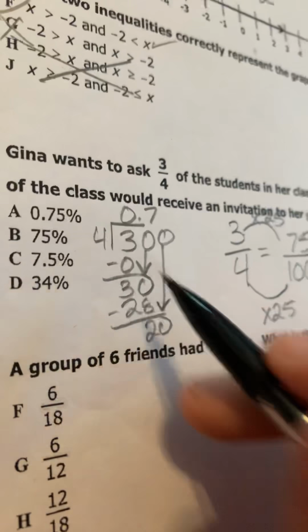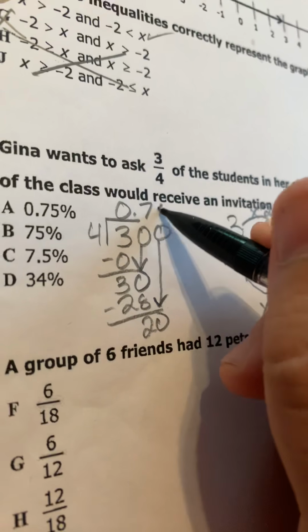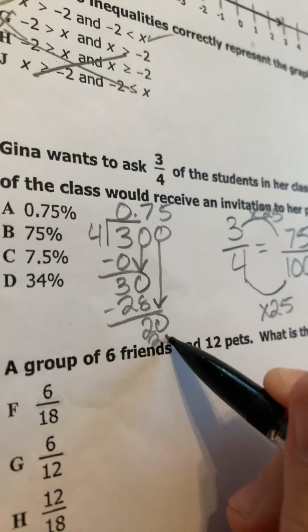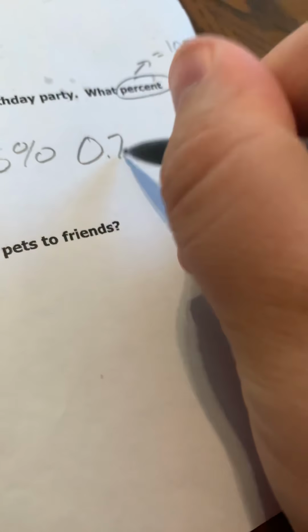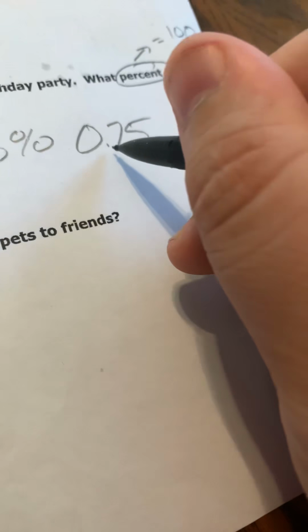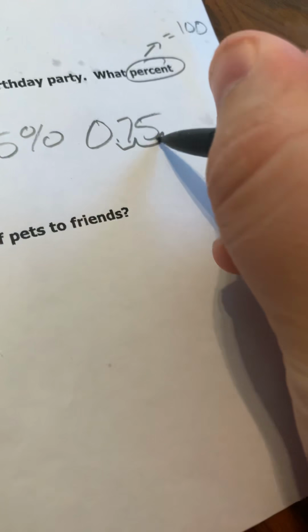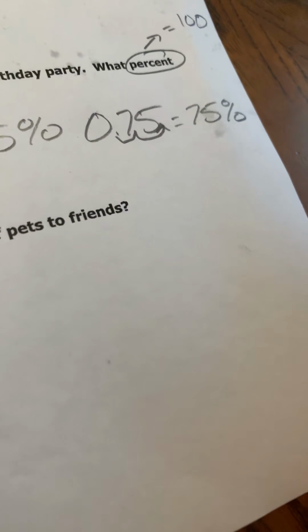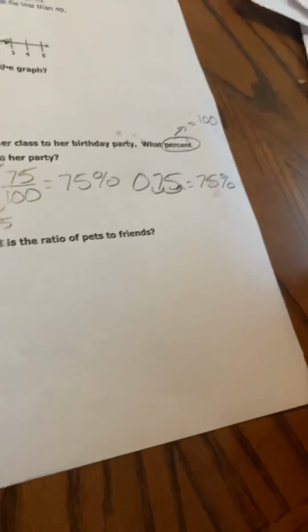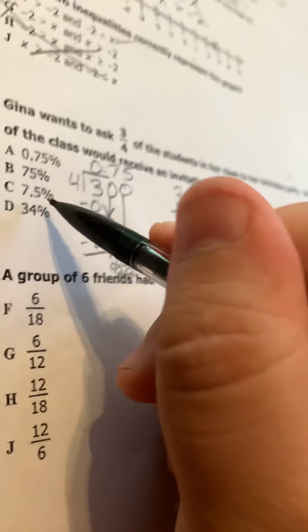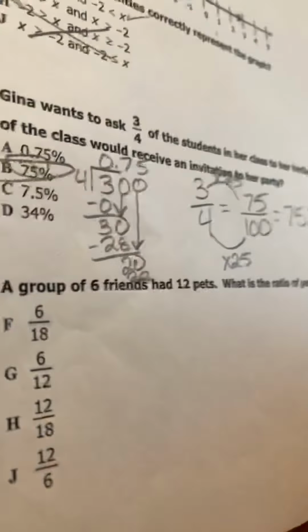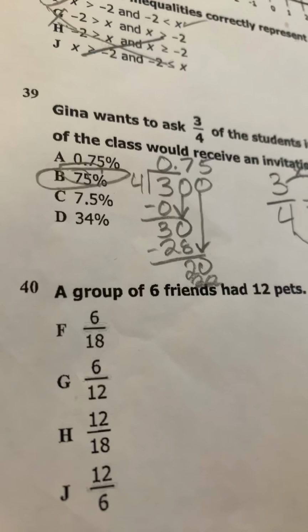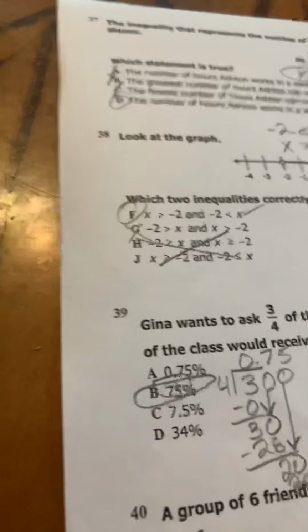Bring down my 0. 4 will go into 20 5 times. 5 times 4 is 20. I'm done. Then if I take my decimal, 75 hundredths, I can move my decimal to the right 2 places. 75%. Either way would work. So 75%.